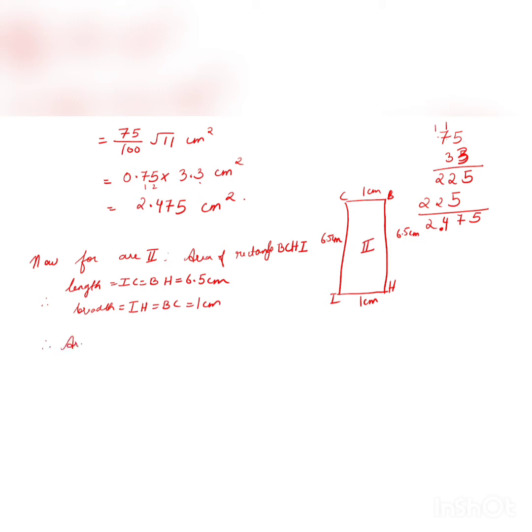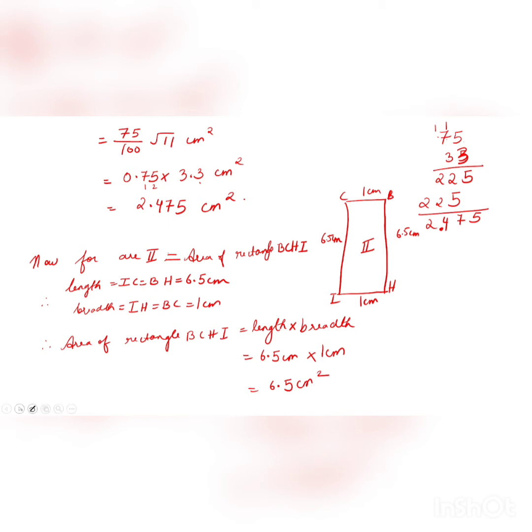Therefore, area of rectangle BCHI is what? Length into breadth. Clear? So what is the length here? Length is 6.5 centimeter and the breadth is 1 centimeter. So when you multiply them, what do you get? 6.5 centimeter square. Clear?